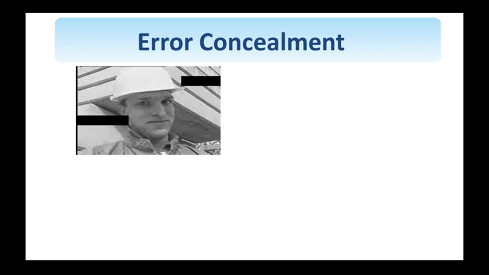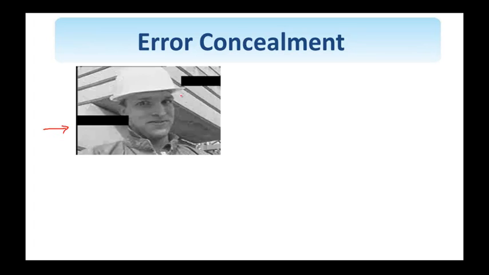Here's another example of a recovery problem. When images and videos are transmitted, rows of macro blocks are typically placed into packets, and these packets are transmitted. If some of these packets are lost during transmission, then the received image can look like this.